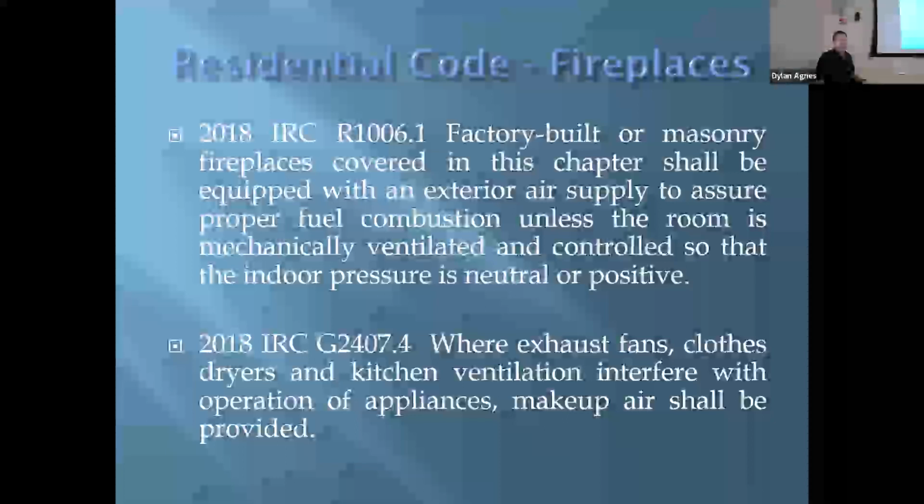And the other part of it is in the mechanical section, and it says where exhaust fans, clothes dryers, and kitchen ventilation interfere, makeup air shall be provided. So there are 2 sections.